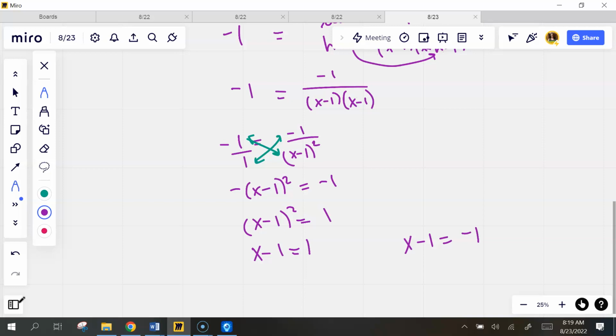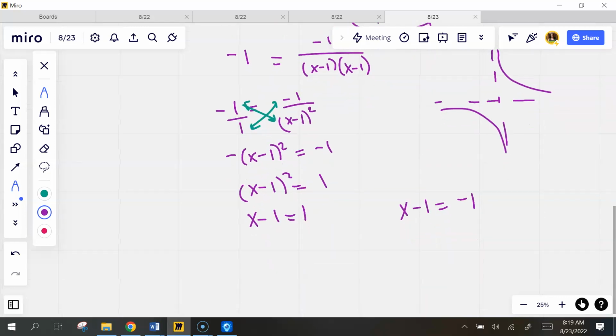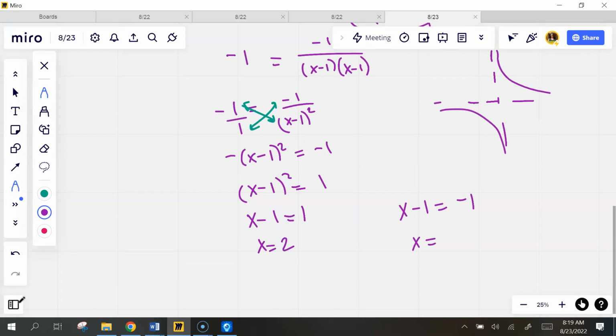Square root of 1 is plus or minus 1. And because this was one of those rational functions, so it kind of looks like that reciprocal function. Remember, it looks like that. So there are potentially two places where that slope could be negative 1. So x equals 2 or x equals 0. Please let that be what they got.